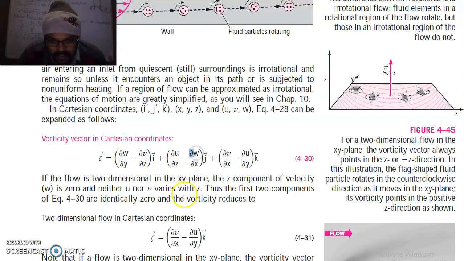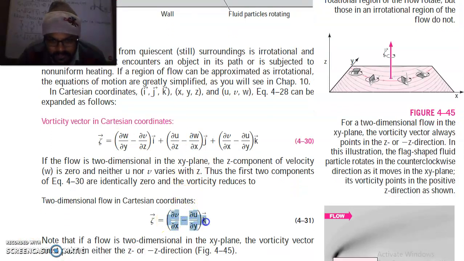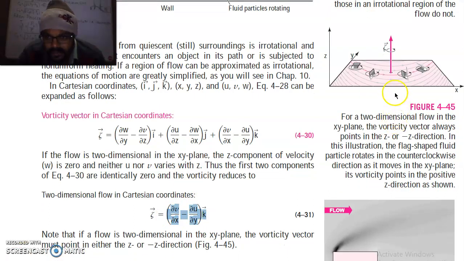So you will get this equation for two-dimensional flow in Cartesian coordinates. You can see this is a two-dimensional flow in the xy plane. The vorticity vector is always pointing in the z direction. That is, when you take the cross product of x and y, you get the z direction. And you can see this flag-shaped element rotating in the counterclockwise direction.